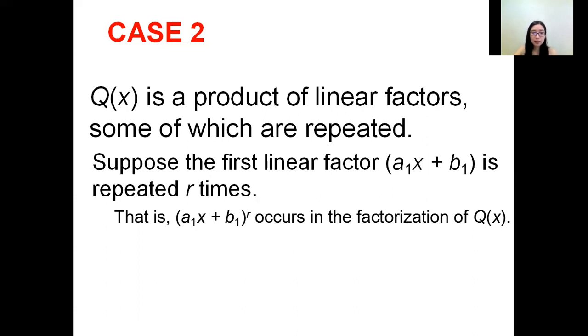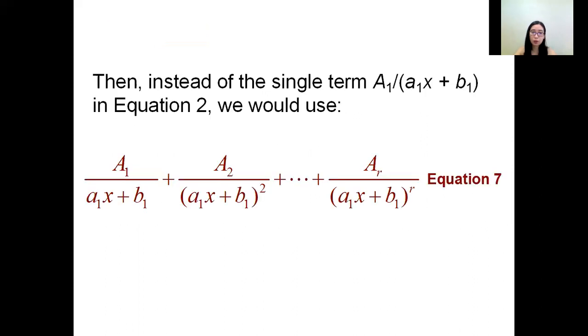That is, a sub 1 x plus b sub 1 to the power of r occurs in the factorization of q of x.